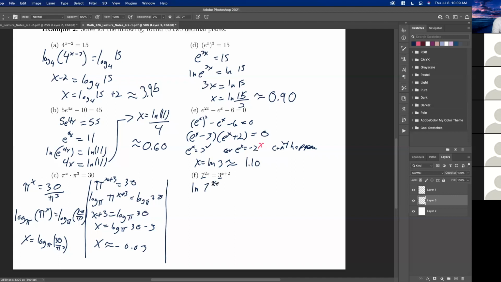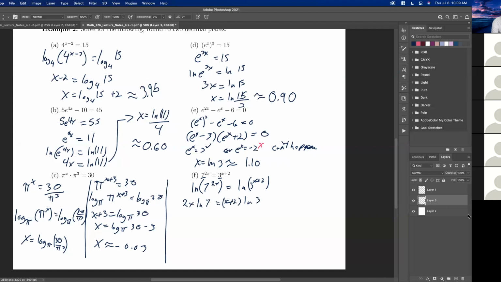So here we'll take the log of both sides. ln of 3 to the x plus 2. Now, why do I do that? Because I can pull out this exponent, because one of my log rules says exponent turns into multiplication. And here I can pull out x plus 2. That's my exponent, becomes times ln of 3.